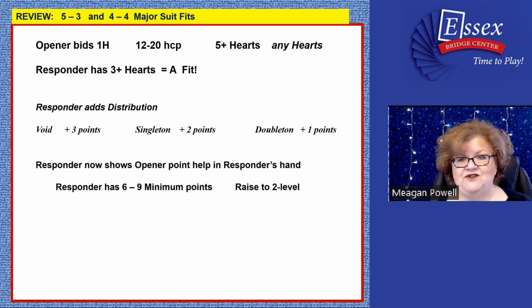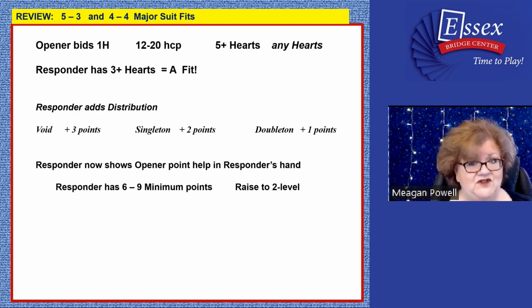But you only have 6 to 9, and so if opener has only 12, you really are not helping a lot. But you are going to raise something, just in case opener has closer to 20. Our magic number is 25 points for us to get to a heart game on the 4 level. So with 6 to 9 minimum responding points and a known heart fit already, your first responding bid will be a raise to 2 hearts.